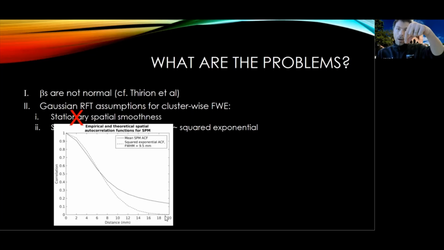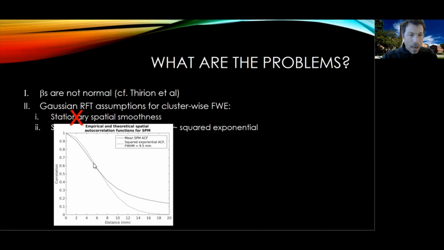If I have one voxel and I pick a voxel that is only, let's say, 2 millimeters away, I expect the correlation to be 0.9. If I pick a voxel that is 4 millimeters away, then I'd expect the correlation, it's the dashed one, to be maybe 0.75. And then as two voxels get further and further away, you expect the correlation to diminish.